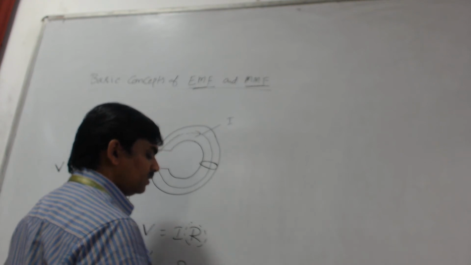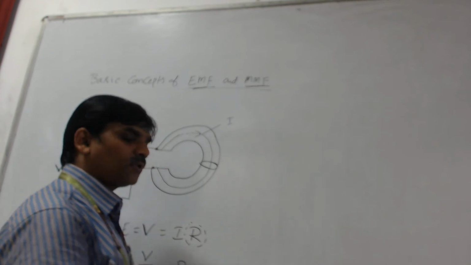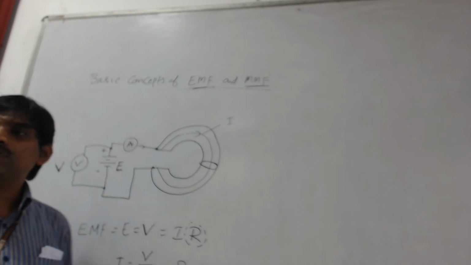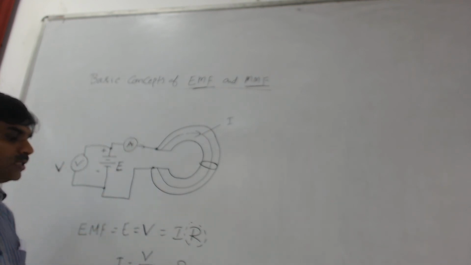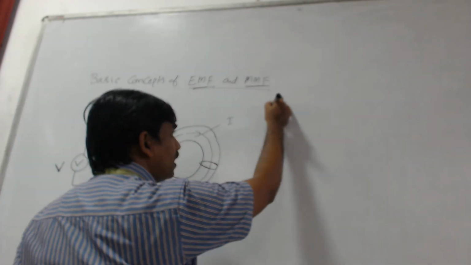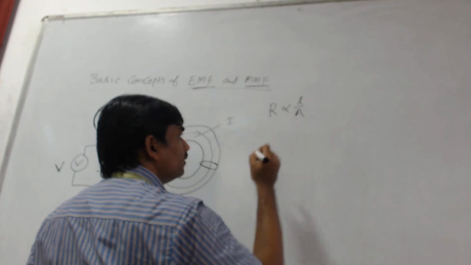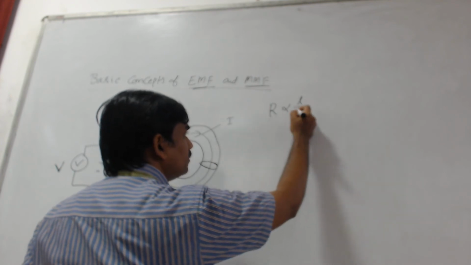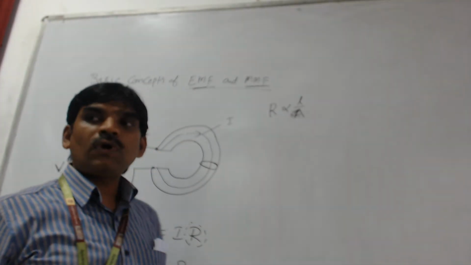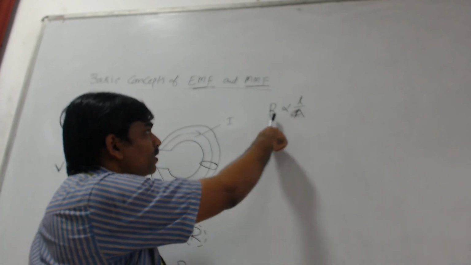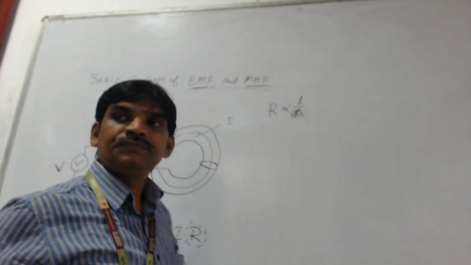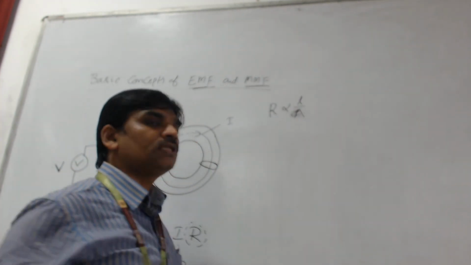So R is proportional to L by A. Resistance is proportional to the length of the conductor, and inversely proportional to the area of the cross section.